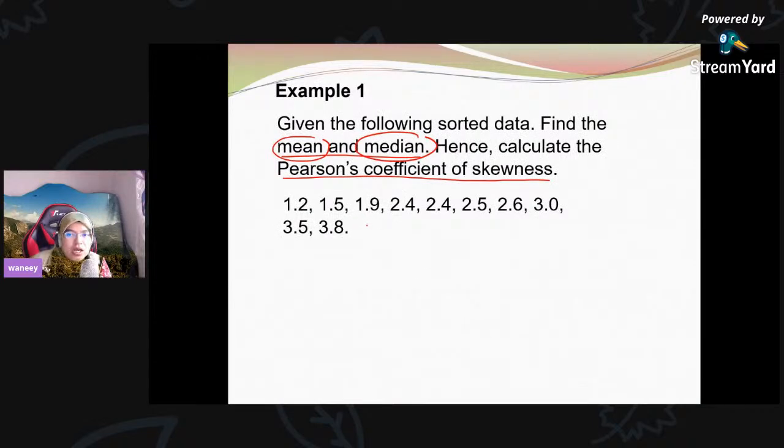Okay, so now let me go back to this example, calculating the mean and the median. In order to calculate the mean, I have to do the summation of x over n. We add everything first before we divide by the total number of data. So n is equal to 10.